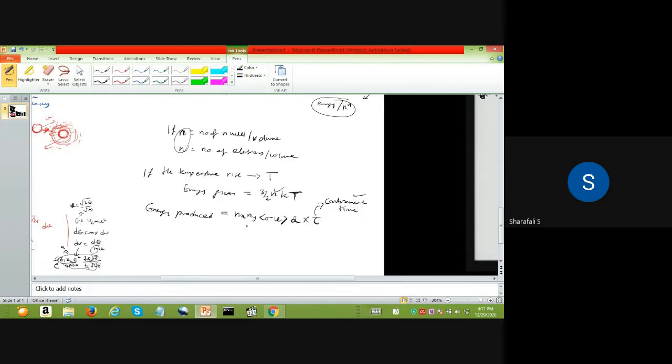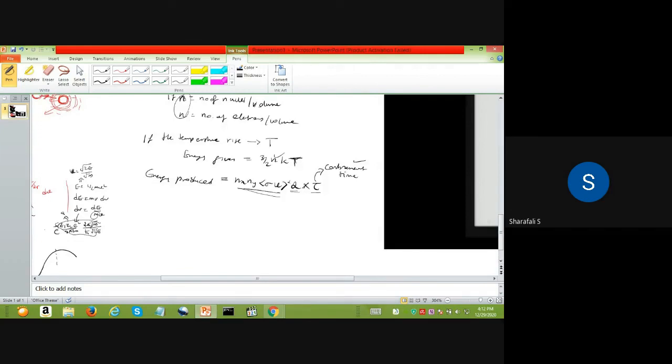In that case, you have this much reaction rate happening per unit time, multiplied by the energy per unit reaction. So this is the total energy of reactions happening per unit time, multiplied by the confinement time, which is the time available for the nuclear fusion reaction. So this is the total energy which will be produced.